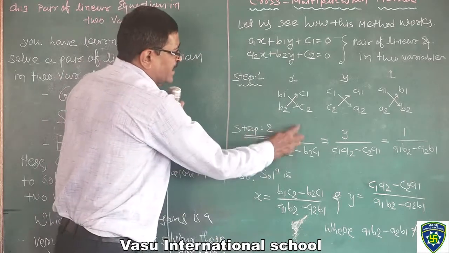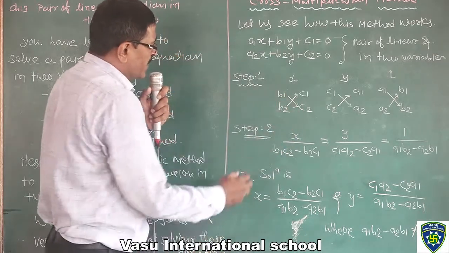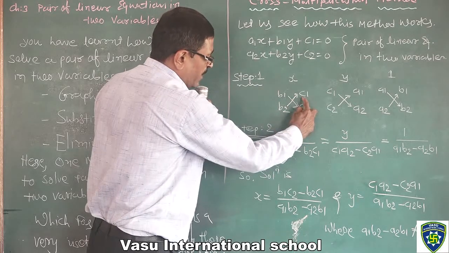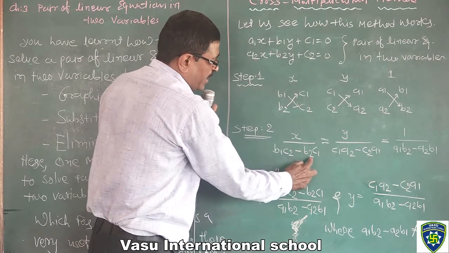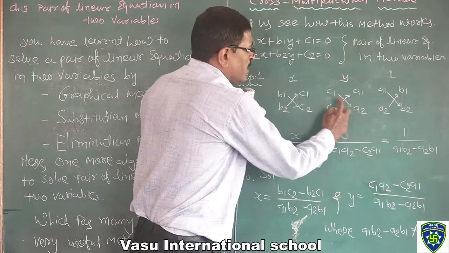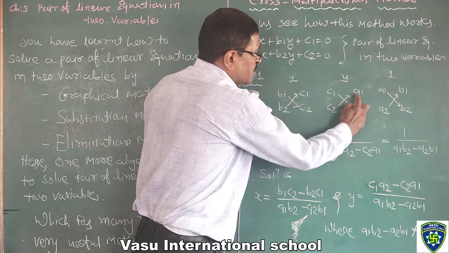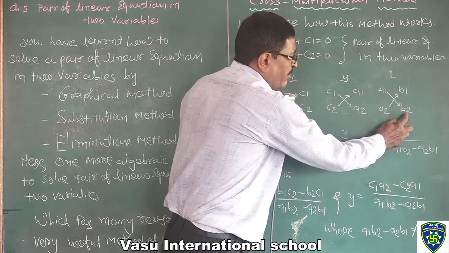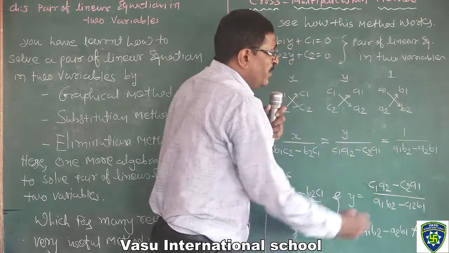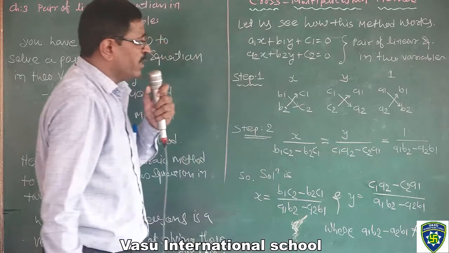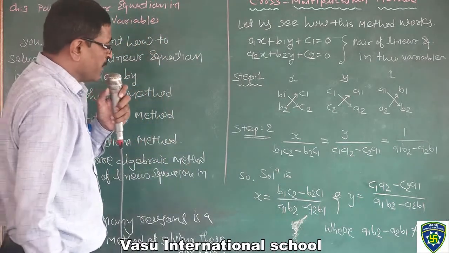Step 2. x upon, we make a cross multiplication here: b1 c2 minus b2 c1, is equal to y upon c1 a2 minus c2 a1, is equal to 1 upon a1 b2 minus a2 b1. Here a1 b2 minus a2 b1 is not equal to 0. It's compulsory.